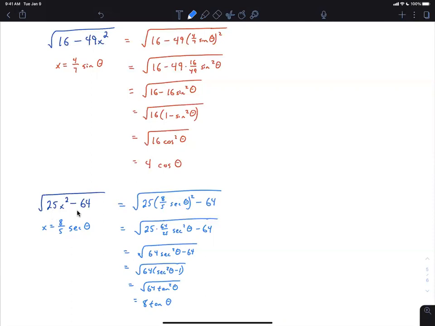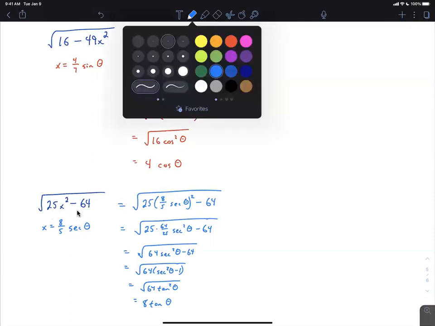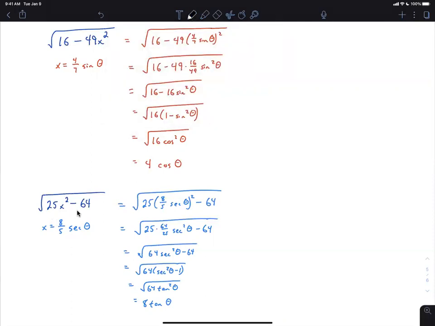Now, for the trig function, the options are going to be sine theta, tangent theta, or secant theta. Somebody's raising their hand. Go ahead.